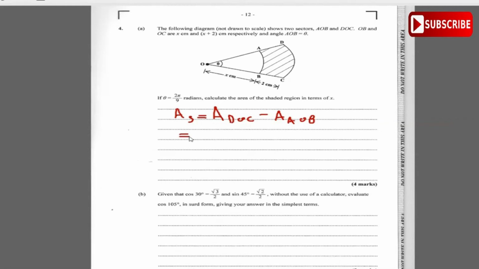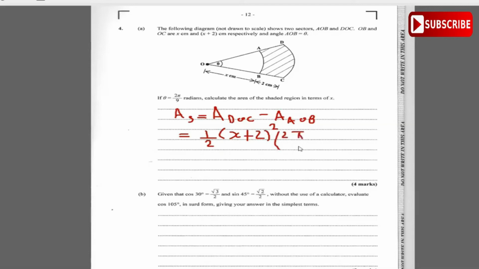So the area of the sector is a half r squared, which is (x plus 2) squared, theta, and theta is of course 2 pi by 9.